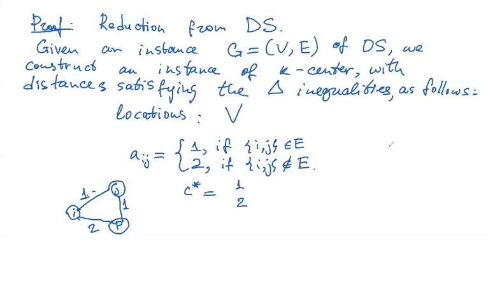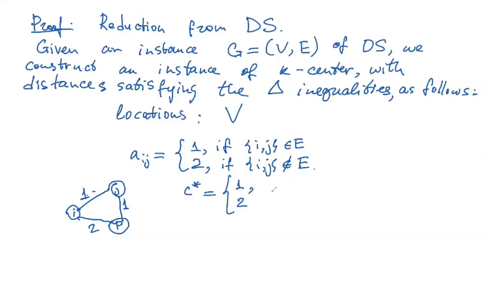But when is the objective of 1 possible? Only when the set of locations that you pick for the centers forms a dominating set in the original graph. It's very easy to see that this will be the case.